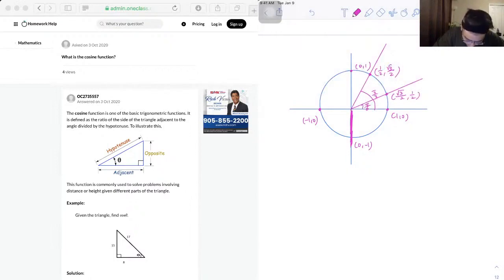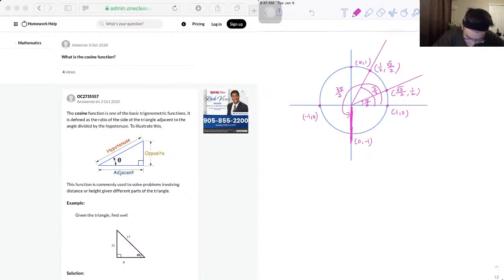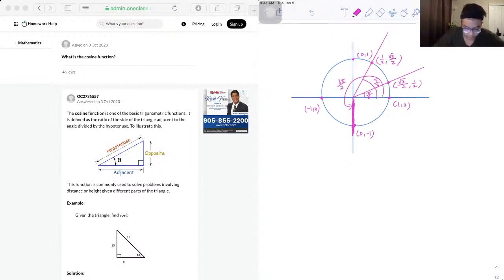So for here, our angle is gonna be 3 pi over 2, and the coordinate of the point is just gonna be 0, negative 1.